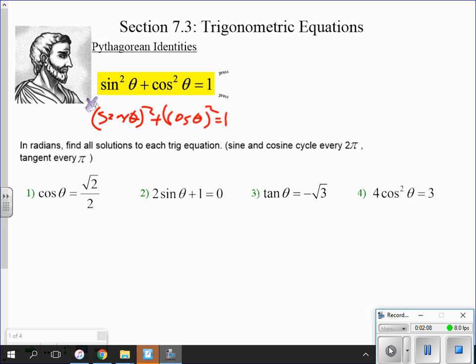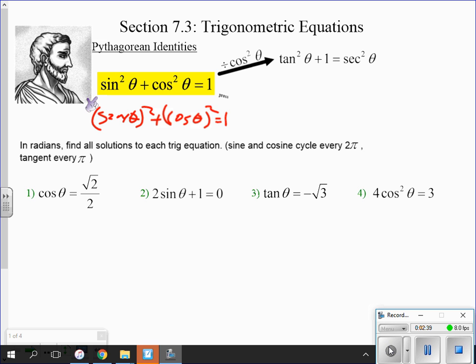Now, we can put some adjustments to it. If we divide every single object by cosine squared theta, well, sine divided by cosine is tangent, cosine divided by cosine is 1. 1 over the cosine is the secant. So that changes it into tangent squared plus 1 equals secant squared.